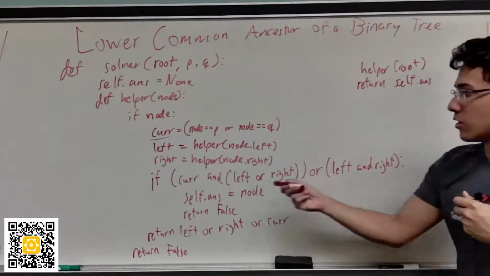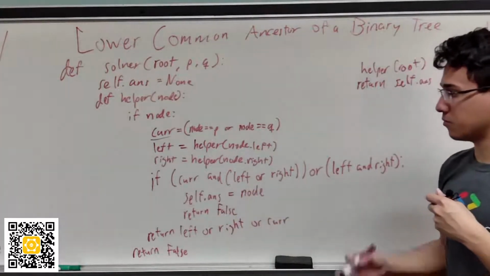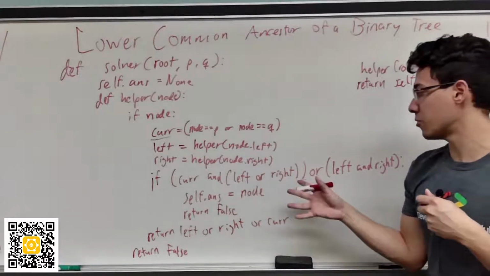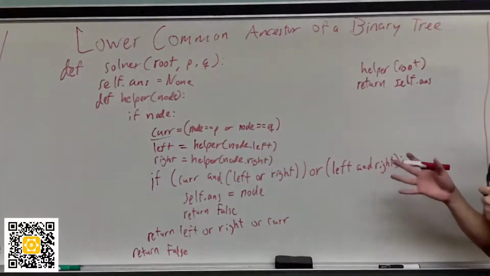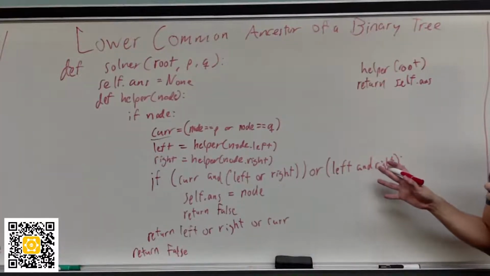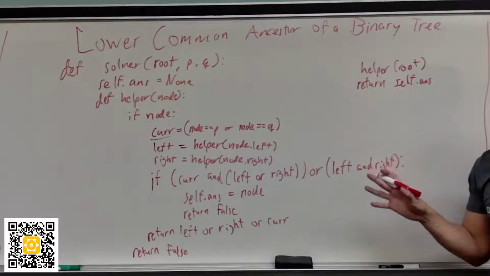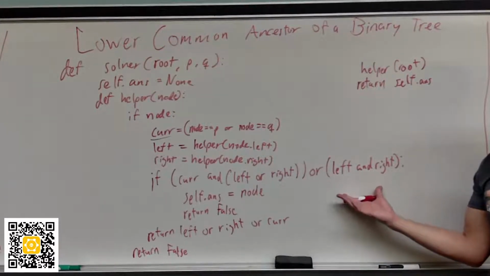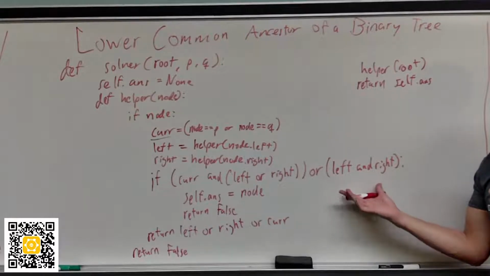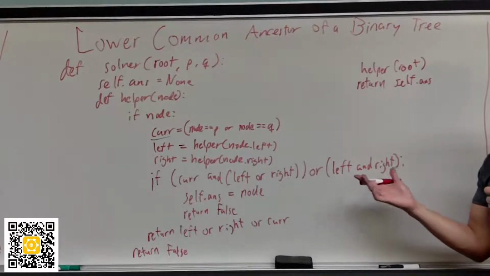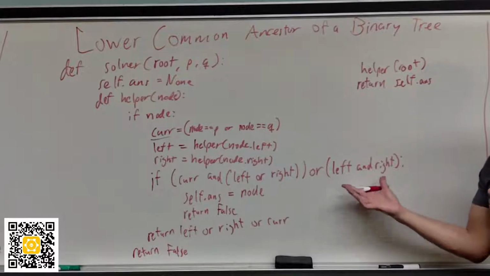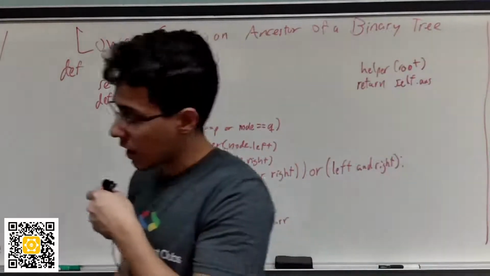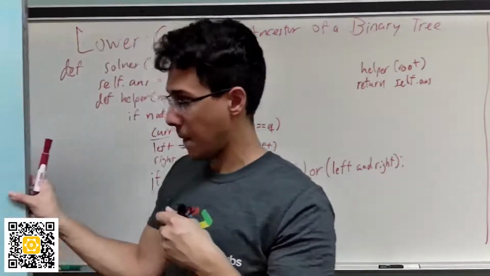Okay, so let's say the current one was neither the P or Q. So this fails. But perhaps, in the left and right, we found P and Q. So that's this part, which means that we found our candidate. That current node, as we see it now, is the lowest common ancestor of P and Q. Yeah, I want to do a little diagram.